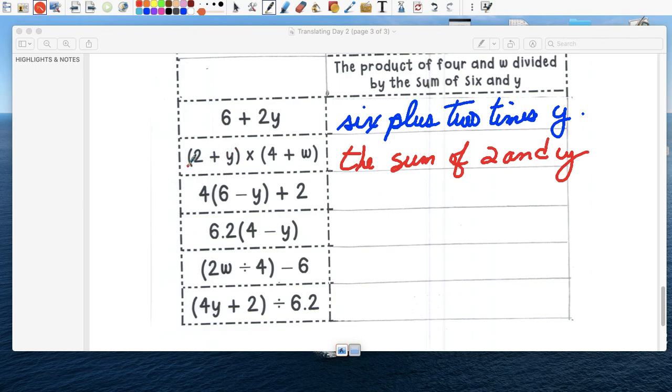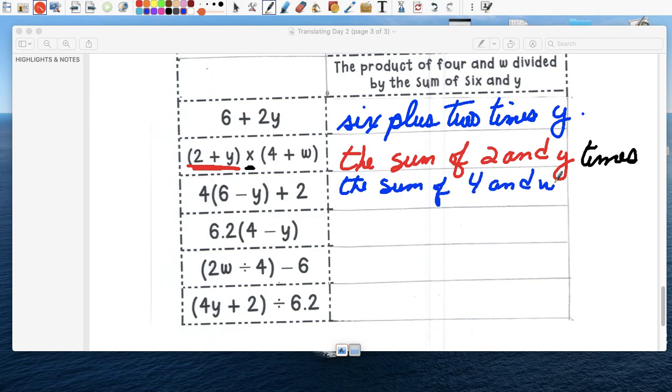The sum of 2 and y, aquí está, times, multiplicado, multiply, times, and let's put this in blue, times the sum of 4 and w. Aquí está. The sum of 2 and y times the sum of 4 and w. Okay.